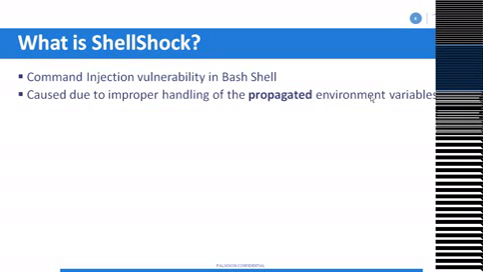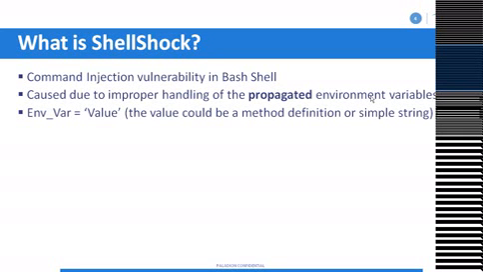By propagated environment variable, we mean parameters passed on by the parent process or program to the Bash program. The environment variable is ideally expected to accept a single string as a value or a method definition.